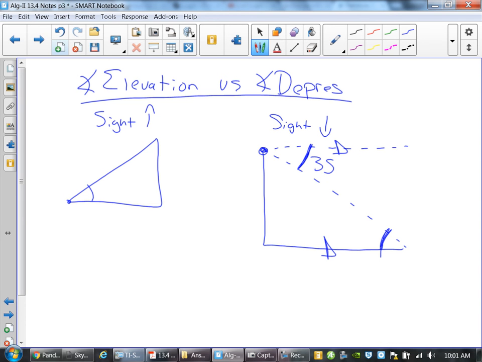We are not doing law of sines. We'll save that for the final. Is it more calculator or non-calculator problems? Like half and half. Do we get dumb calculators? No.